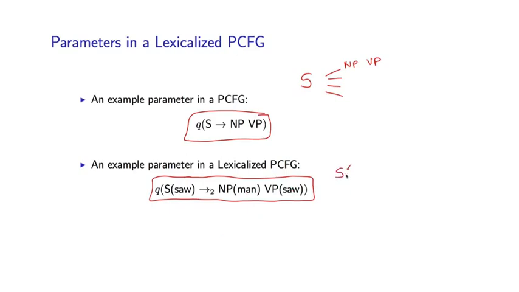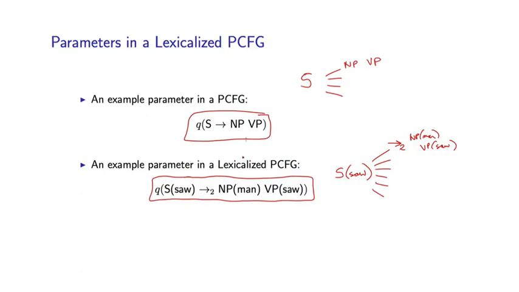In this case, the interpretation is, given that I have S(saw) on the left-hand side of a rule, there are many, many different possibilities. One is to choose the second non-terminal as the head, and to choose NP(man) VP(saw) as the two children. And there are going to be many, many other possibilities.